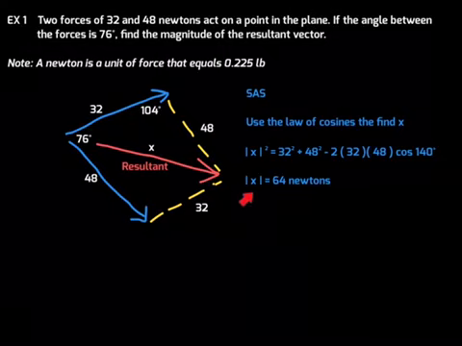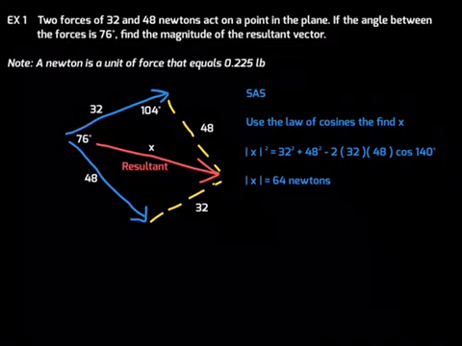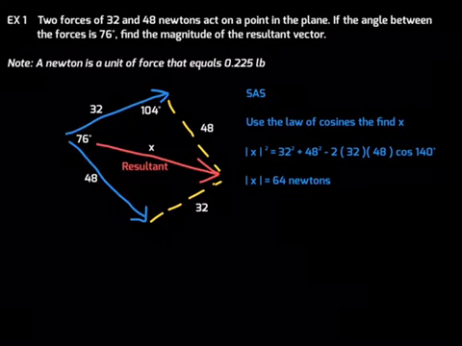Isn't that pretty cool? So this problem is done, and I just want to recap really quickly. When you set your problem up, I want you to use the parallelogram rule, which means you're going to take the two vectors that they name and place them so that their initial points coincide.